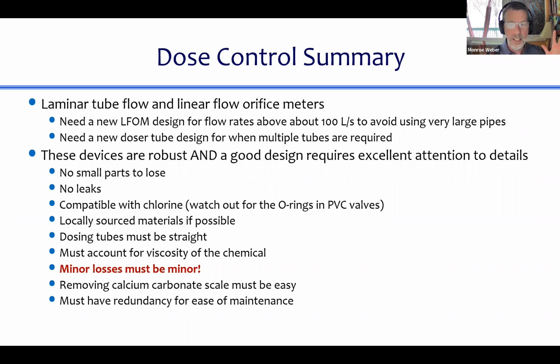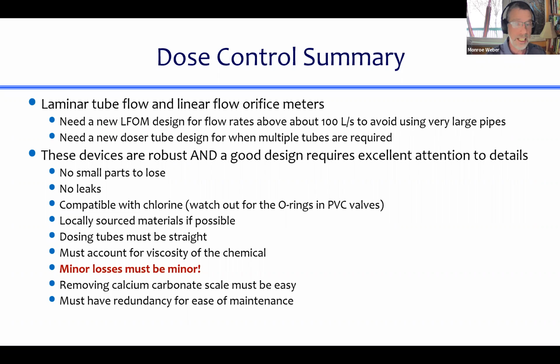There's a need for some innovation there. And like I was talking about, there's a need for a better dosing tube design for high flows as well. But what's good about it? These devices are robust. There's hardly any moving parts.